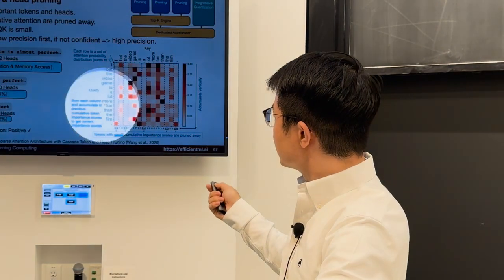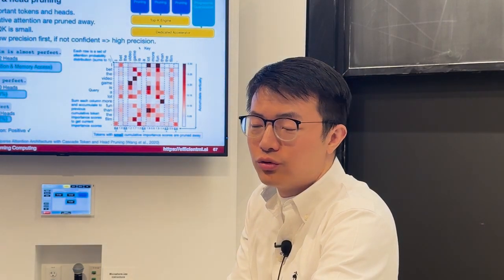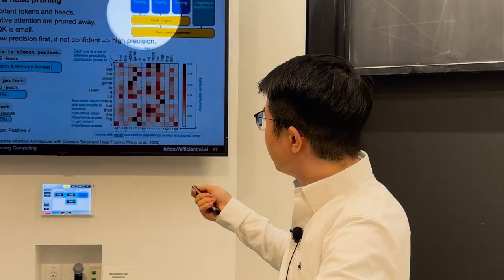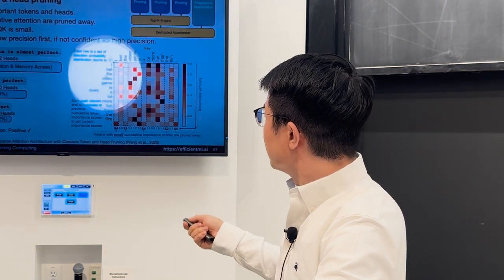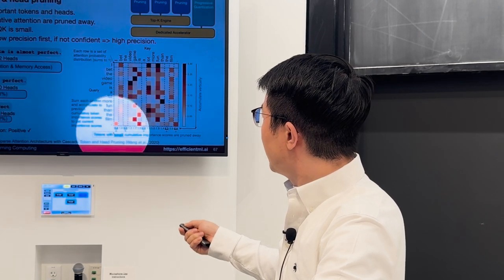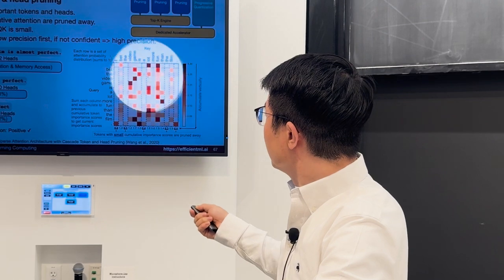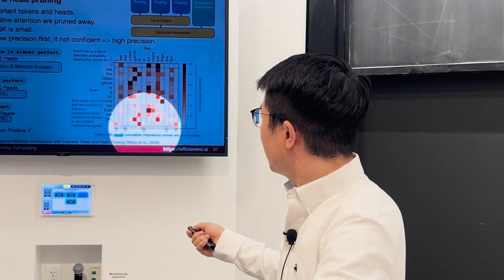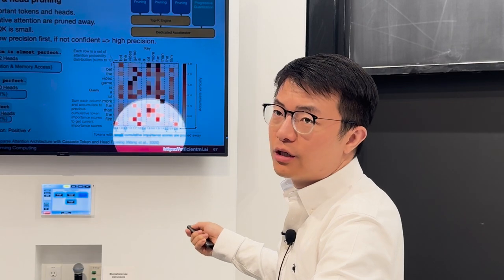On the right-hand side is the attention map, showing how we perform this token pruning. So we look at the attention map for the sentence "I bet the video game is a lot more fun than the film." For each token, we sum the attention score across the entire column. For example, "will" sums up to 0.4, very little attention across different tokens.